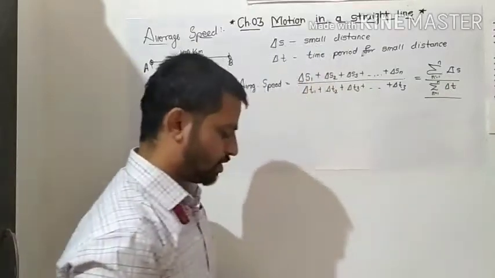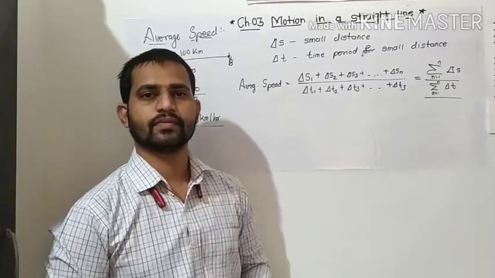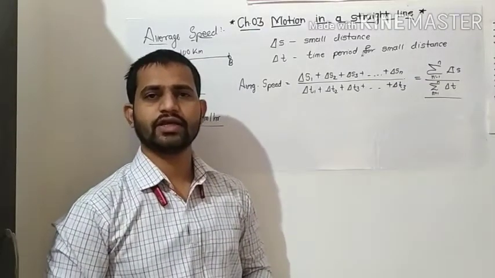So we have the formula for the average speed as delta S upon delta t.